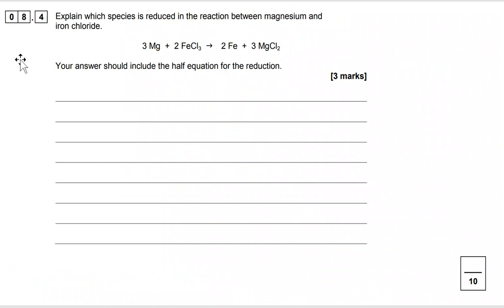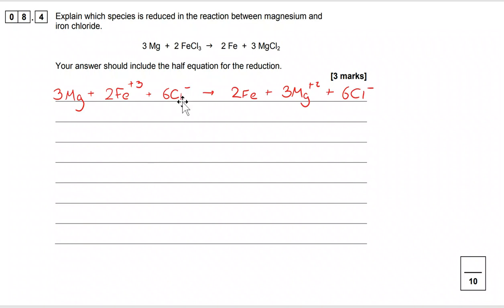On to 8.4, explain which species is reduced in the reaction between magnesium and iron chloride. Include the half equation for the reduction. Well, I'm going to take the opportunity to do a full ionic equation here and then break it down. Because if I go through, I'm going to break up anything that's ionic and aqueous. We've got no state symbols here, but ionic compounds here, the salts will be aqueous.